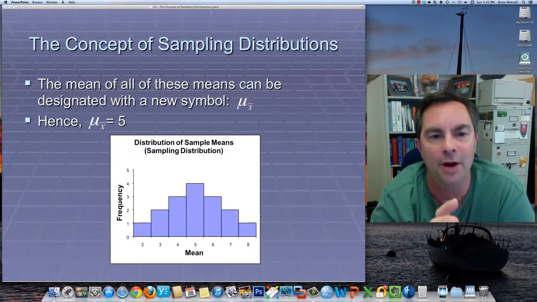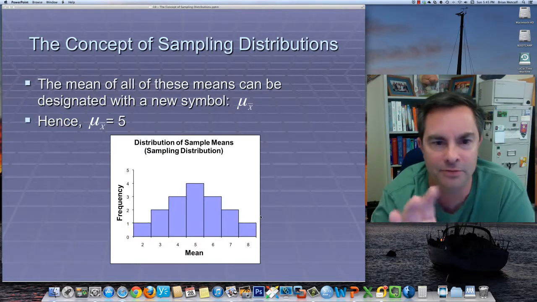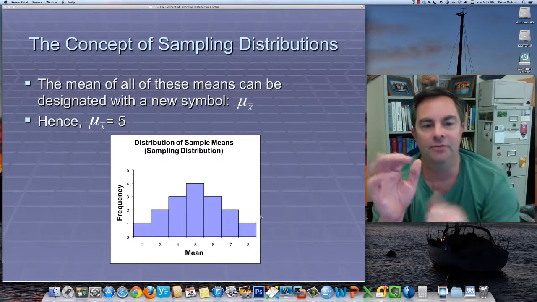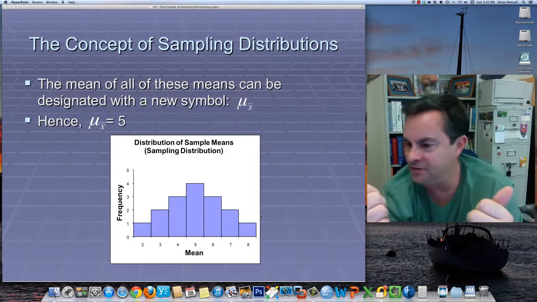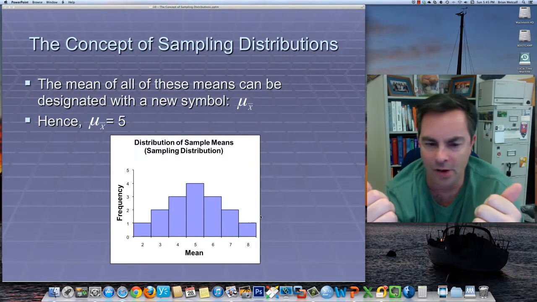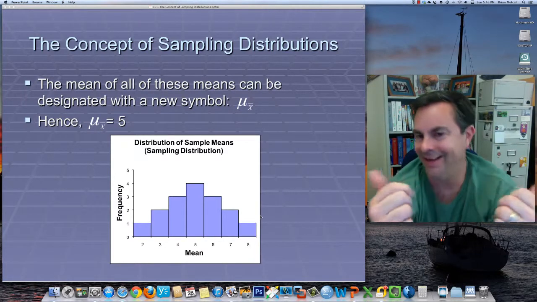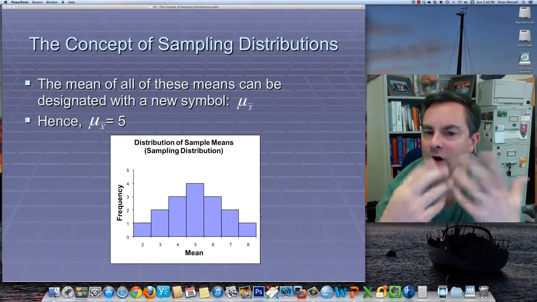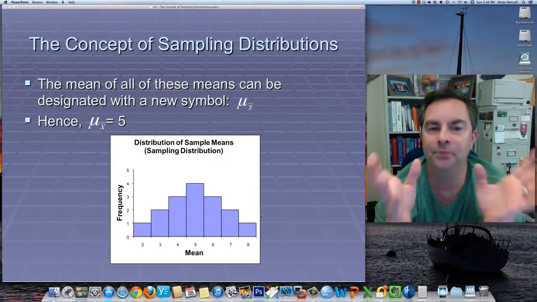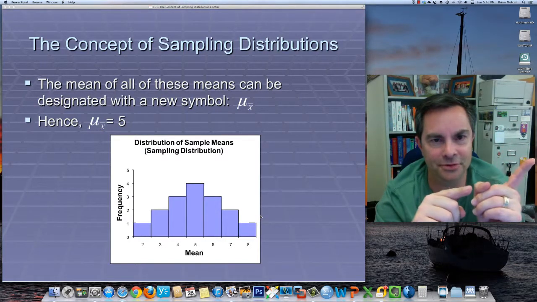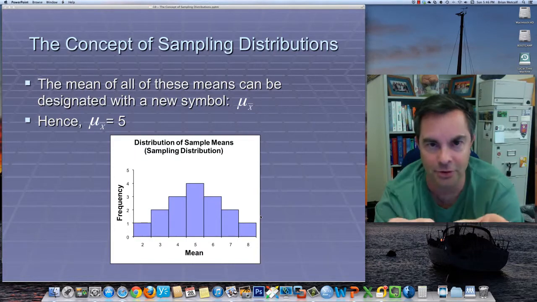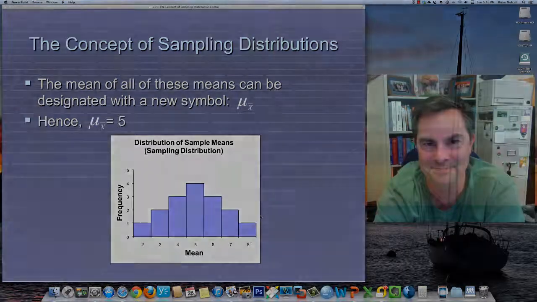At this point, I want you to be able to tell me with perfect fluidity what a frequency distribution of individual scores is, what a sampling distribution of means is, how they're similar, but yet how they're different. What do they have in common? How do they differ? Great test question: compare and contrast frequency distributions and sampling distributions. Your turn. See you next time.